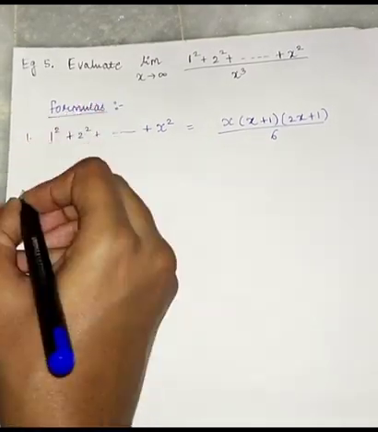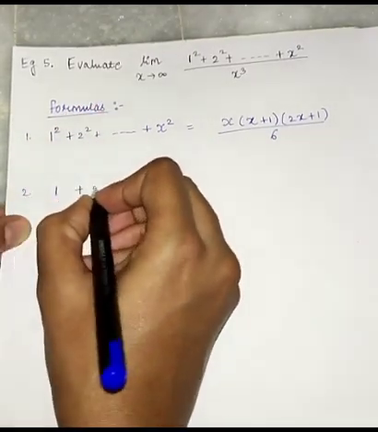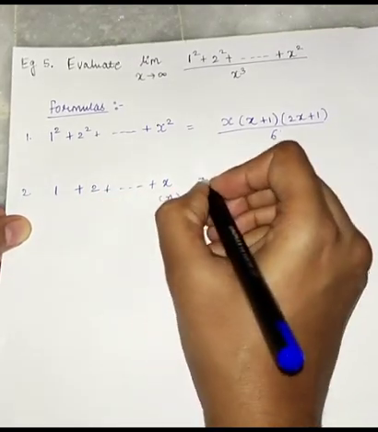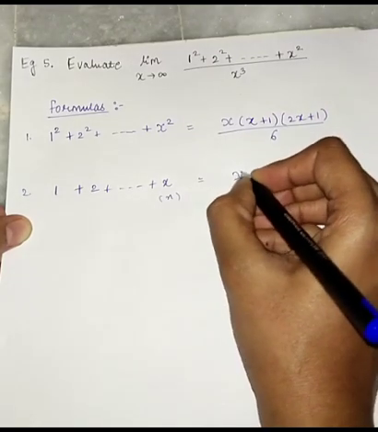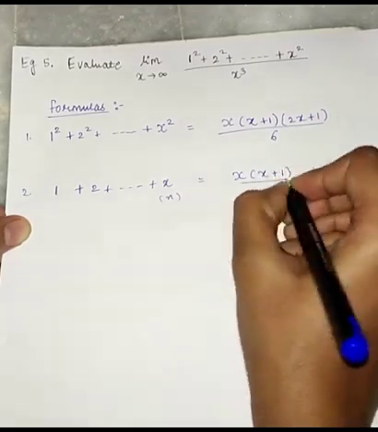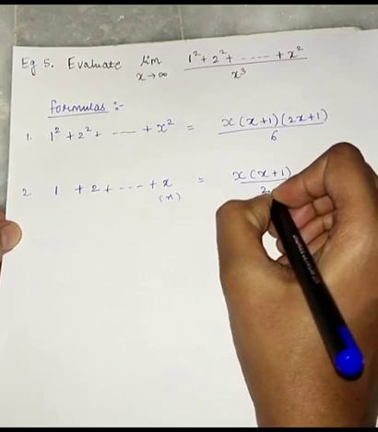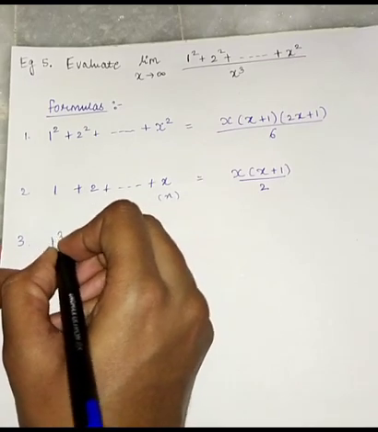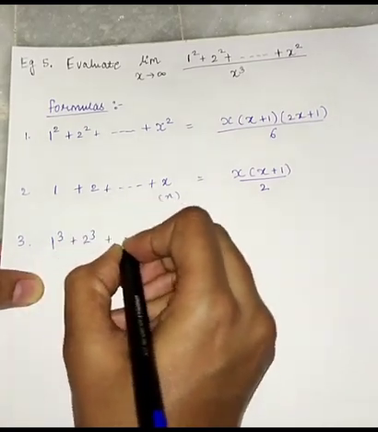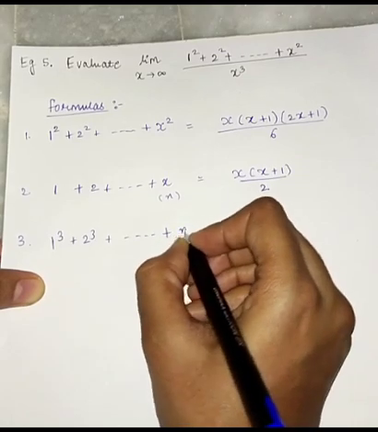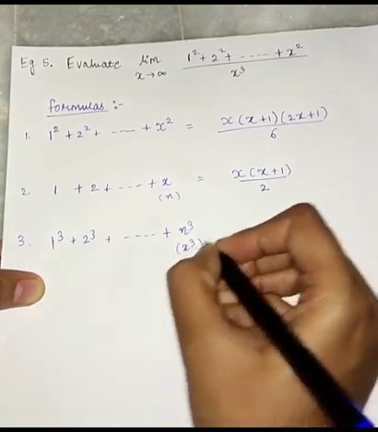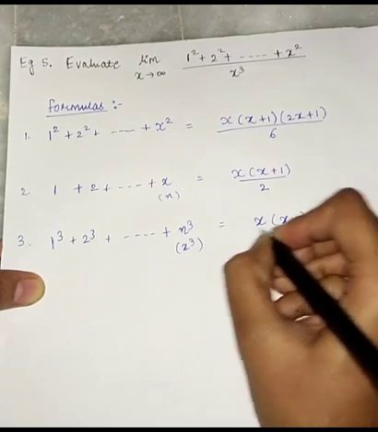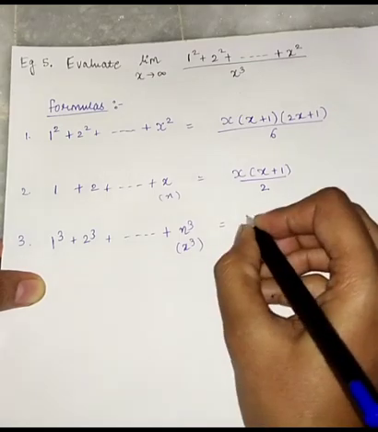Now whenever it is given 1 plus 2 plus up to x or up to n, anything, then its formula is x into x plus 1 upon 2. And whenever it is given 1 cube plus 2 cube plus up to n cube or x cube, then its formula is x into x plus 1 upon 2 whole square.